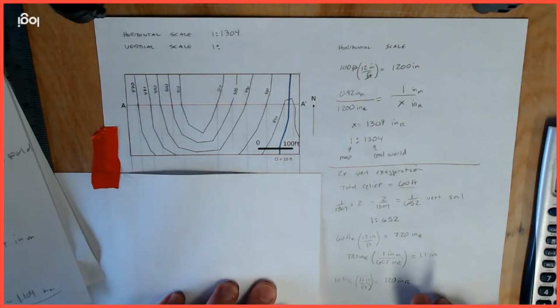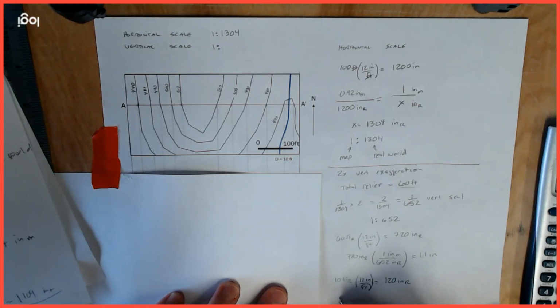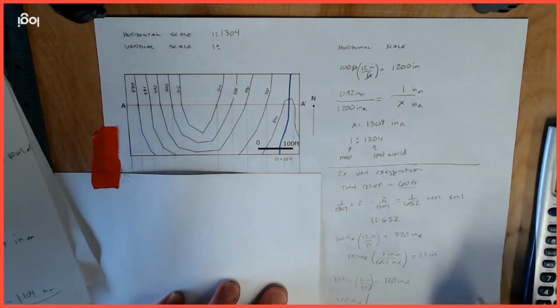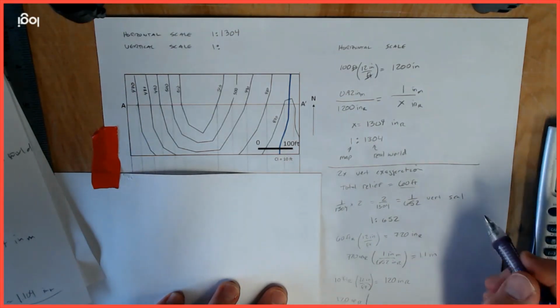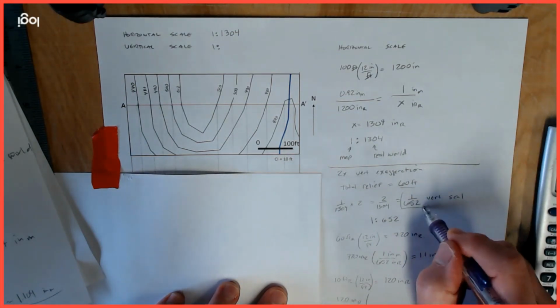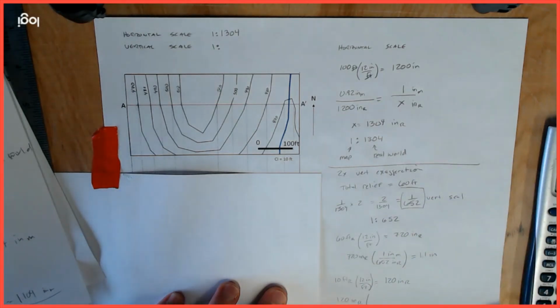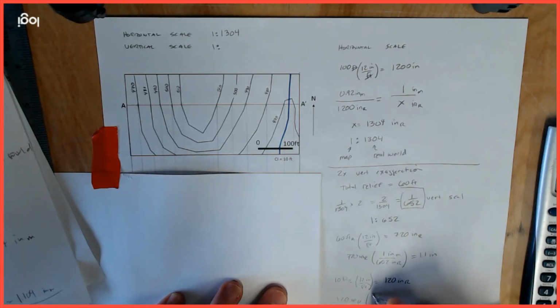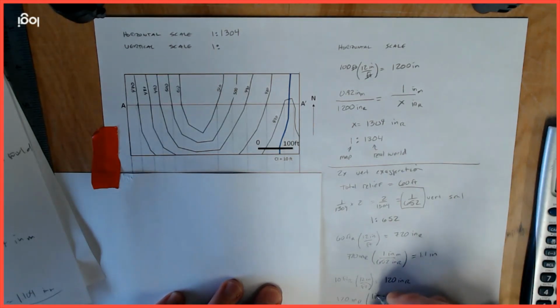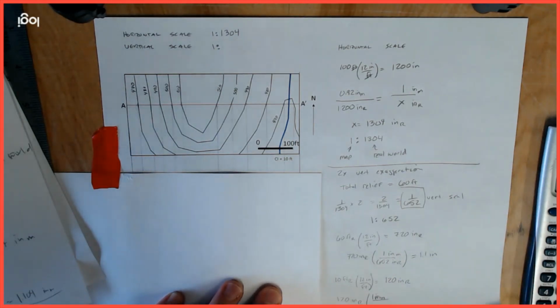So we have 120 inches in the real world, and we use our vertical scale of 1 over 652. That means we're going to have 1 inch on the map, sorry, that should be an IN on the map, is equal to 652 inches in the real world. We put that in the denominator.